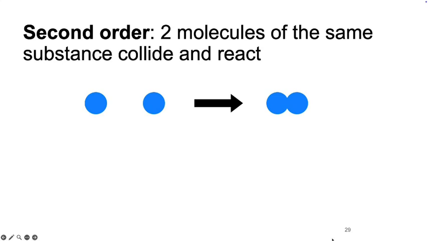This particular second order reaction is showing a product where they fully combined. Maybe they could have combined and ejected a piece. That would still be a second order reaction because it was two pieces involved in making it. So don't put weight on the product side, put weight on the reactant side. Does that make sense?